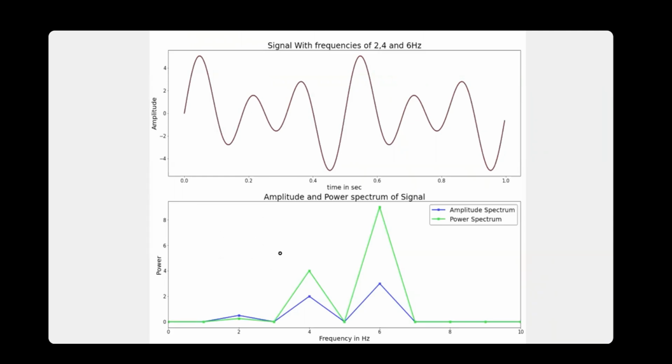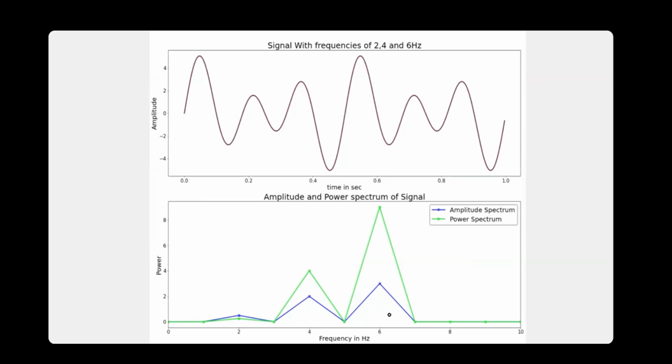So that 0.5 was the less dominant feature of the signal, and the power spectrum compresses it even more. It means that during the power spectrum calculation, the less dominant features become less and less prominent, and the more dominant features become more and more prominent. In this way, you can see that the amplitude spectrum and power spectrum are very easy to calculate.